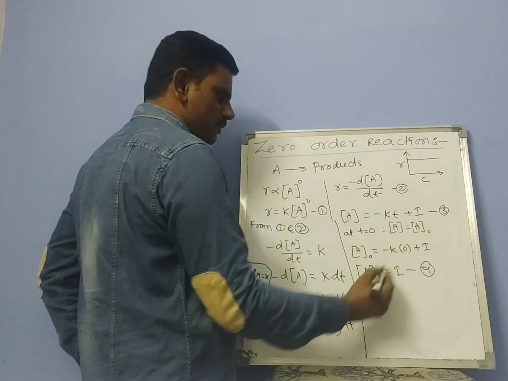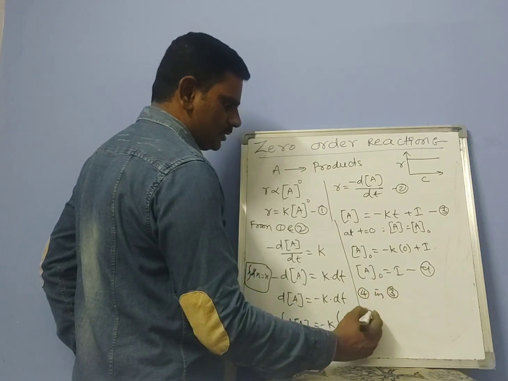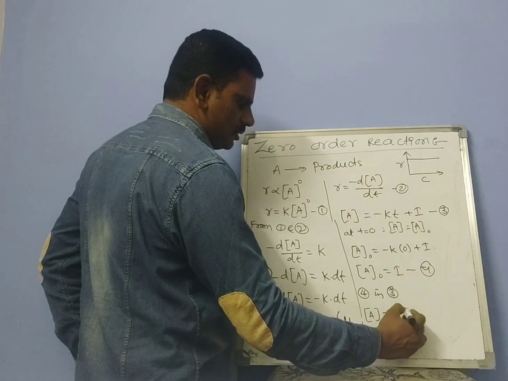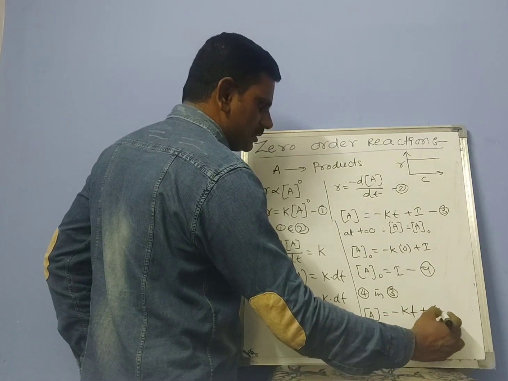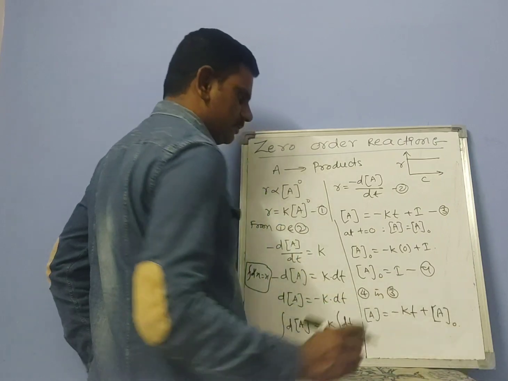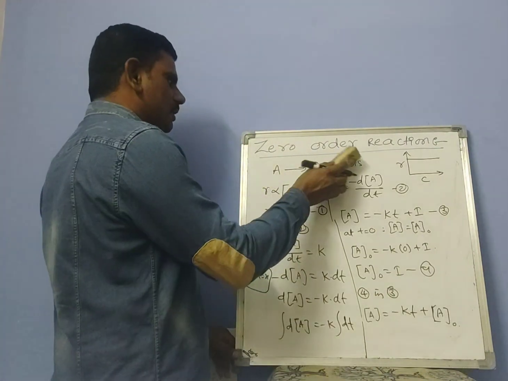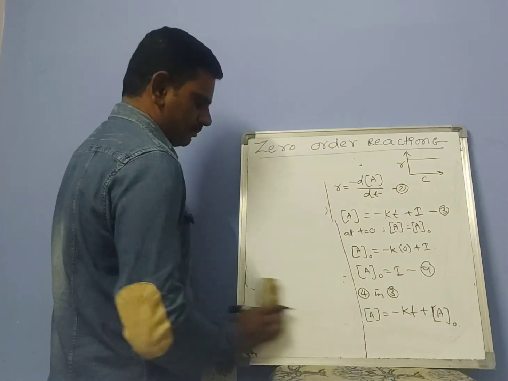So substitute 4 in 3. Now we get concentration of A is equal to minus Kt plus, instead of I write A0. Right? See, we can rearrange those terms and we get this equation.